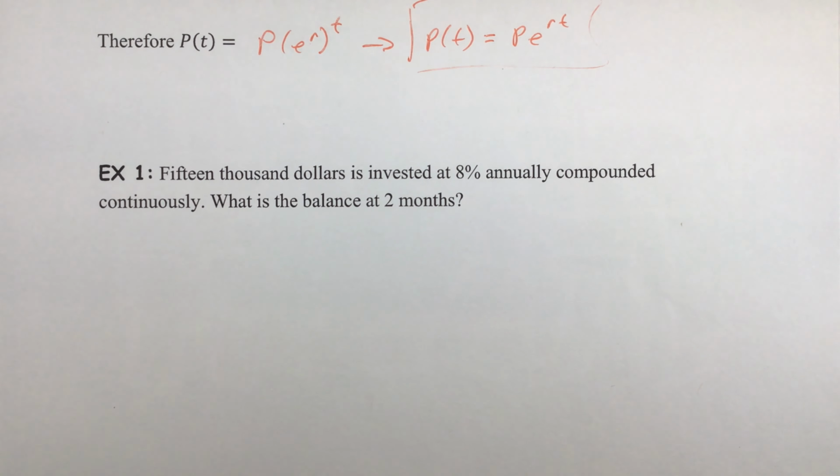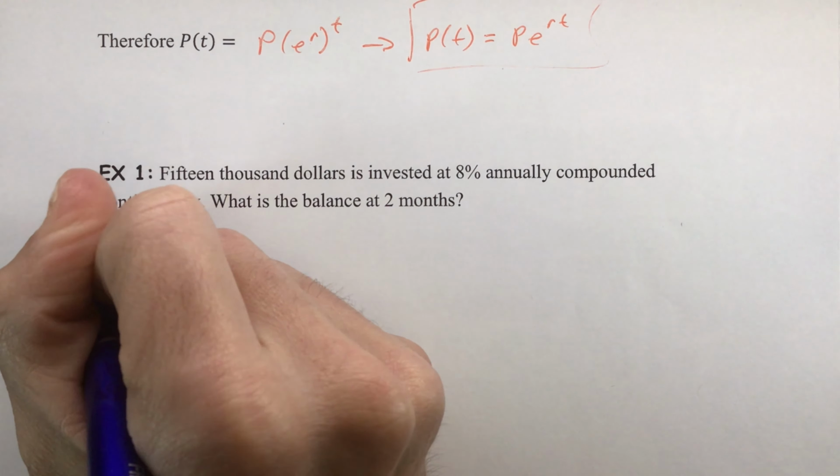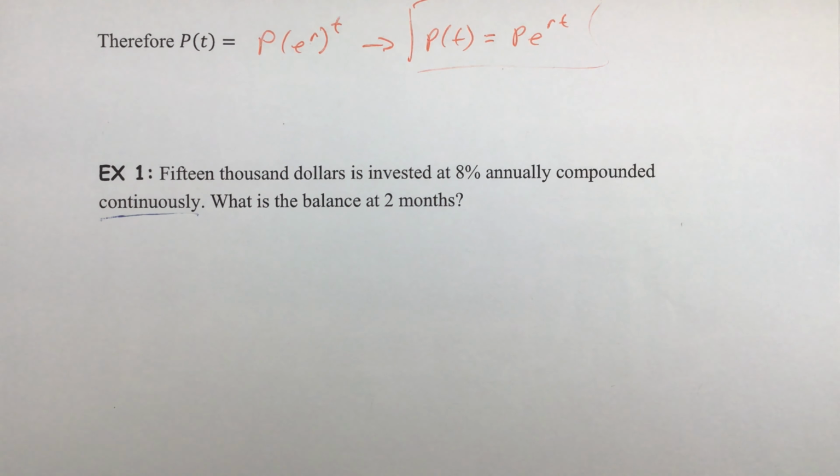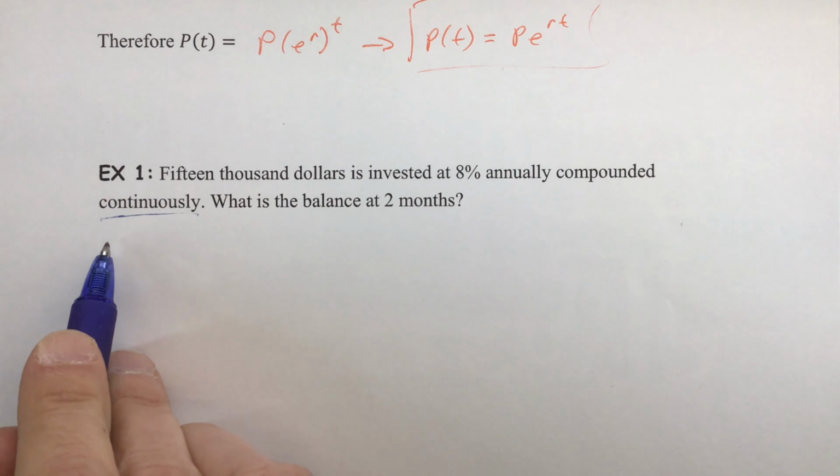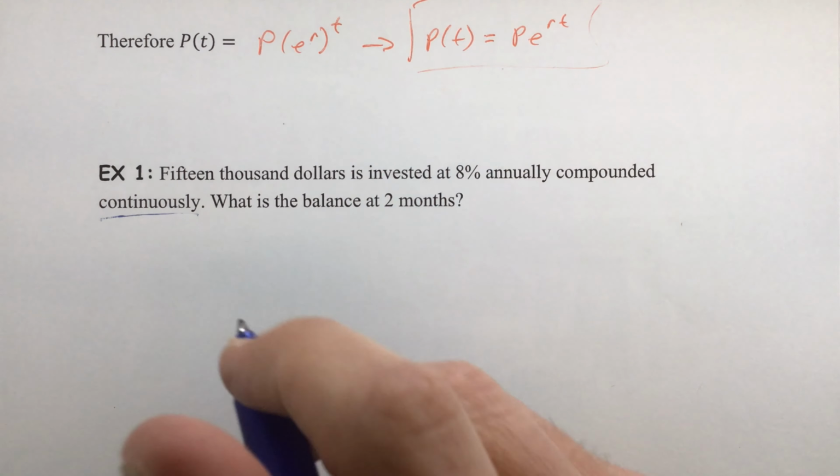Example 1, and our only example here. $15,000 is invested at 8%, annually compounded, continuously. That's important there, continuously. What is the balance at 2 months? All right, because it says continuously, we're going to be using this formula.